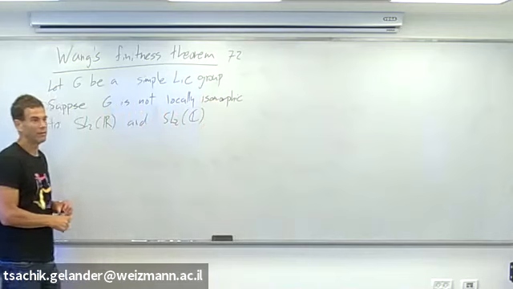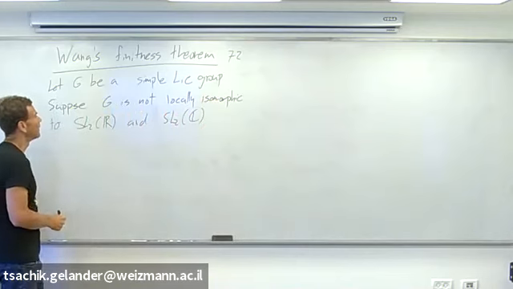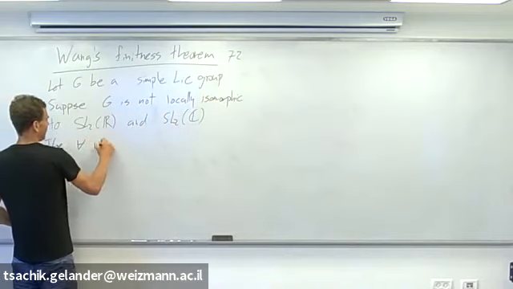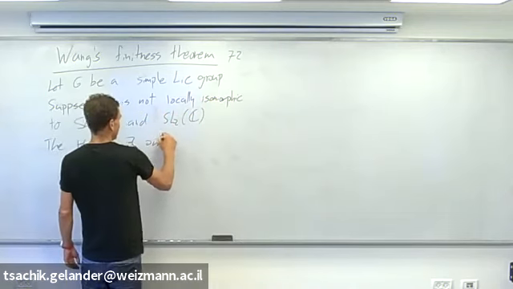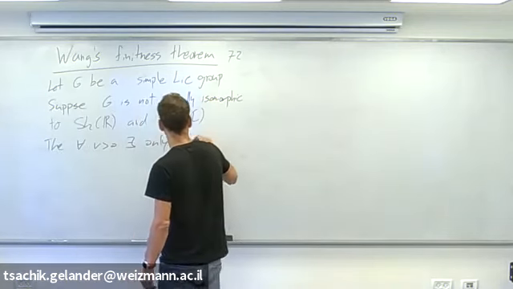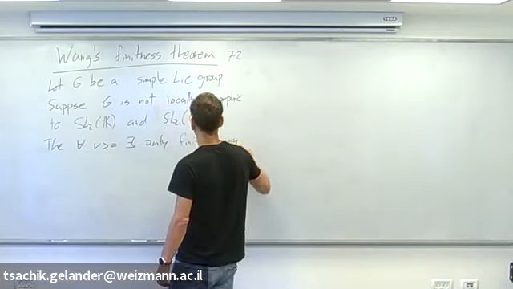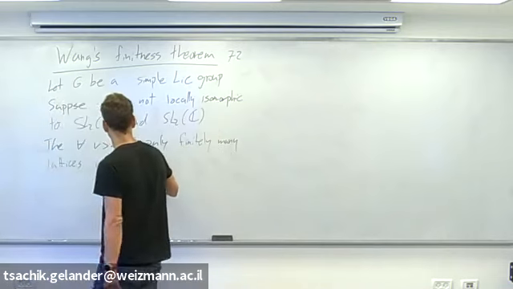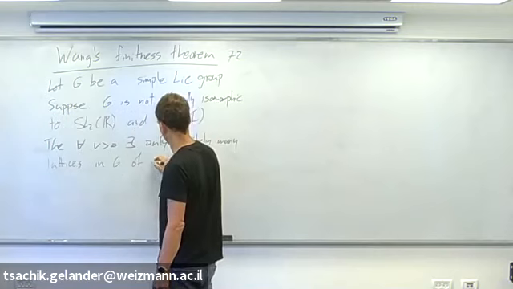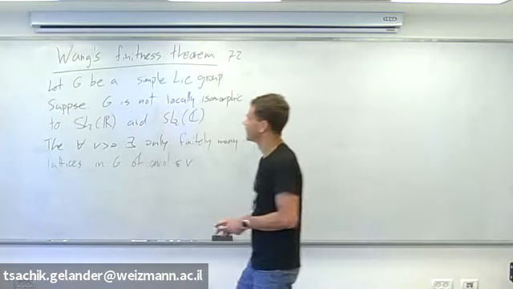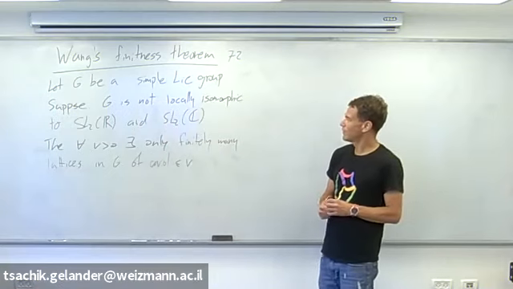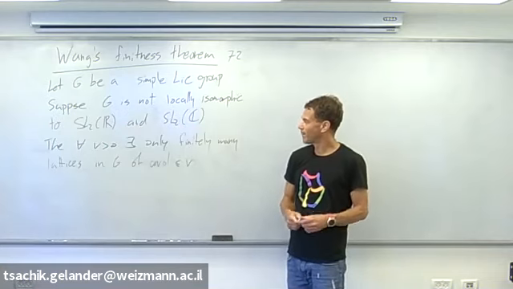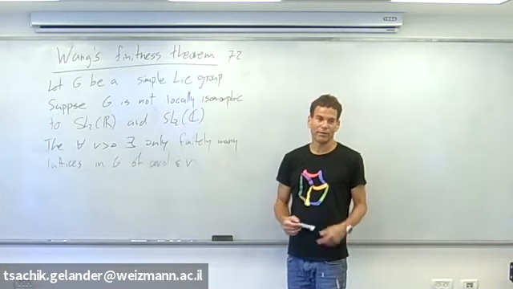Suppose that it's not one of those. Then, for every V, there are only finitely many lattices in G of co-volume at most V. So this is not true for these two, and it's true in any other.